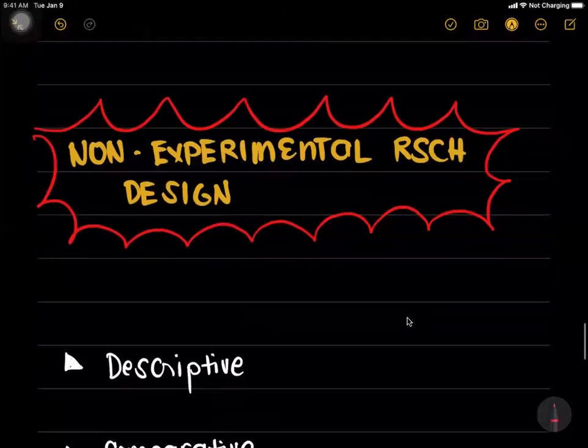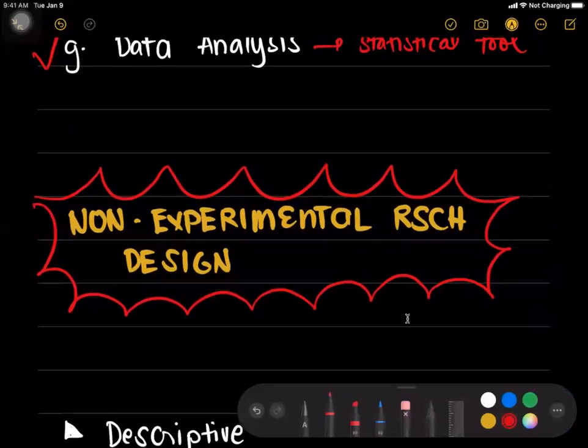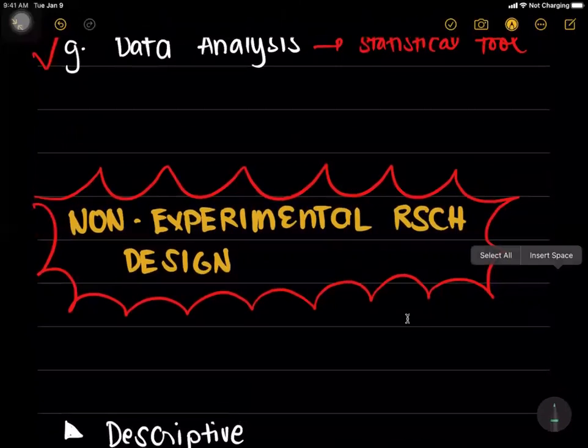Okay, next, non-experimental research design. Let's talk a little bit about this. We mentioned a while ago in our quick comparison of experimental and non-experimental that non-experimental is actually more naturalistic.